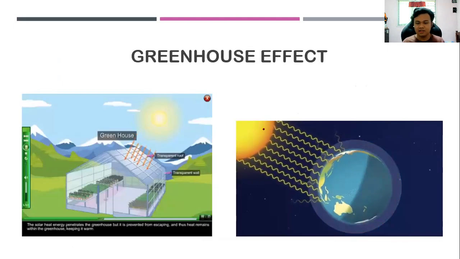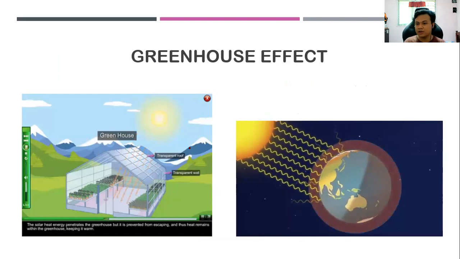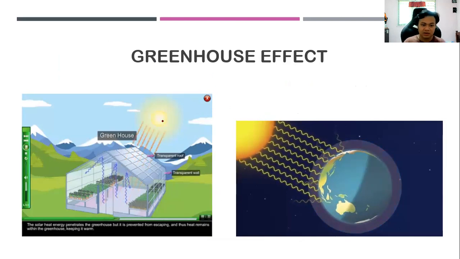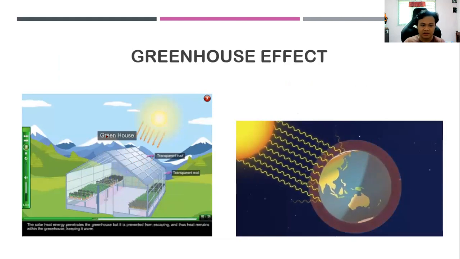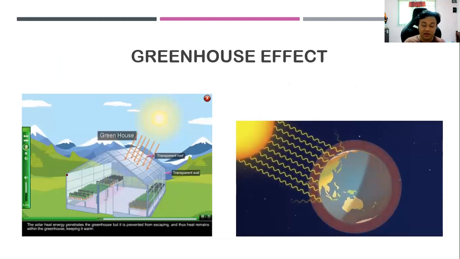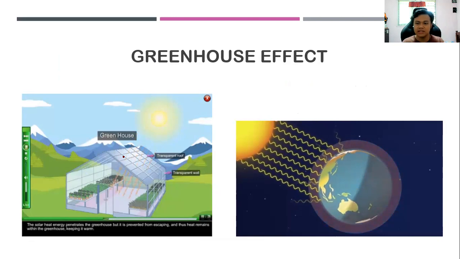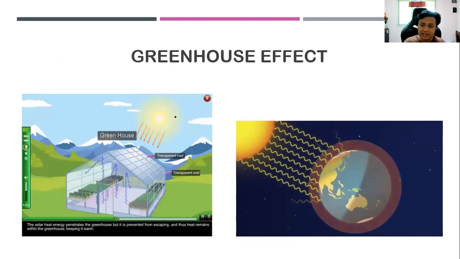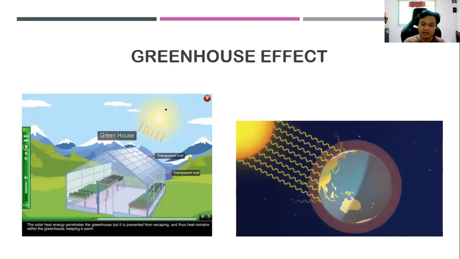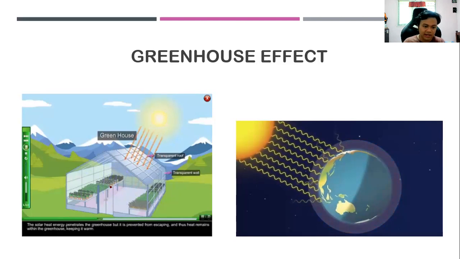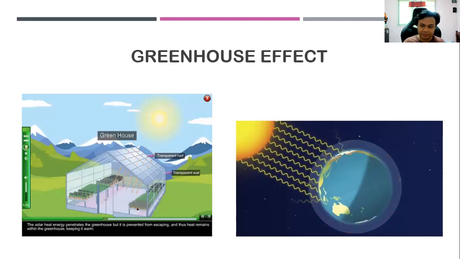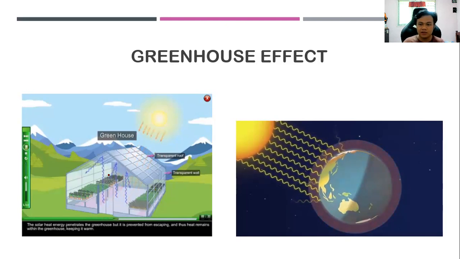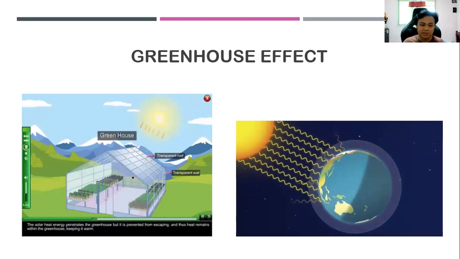Next, greenhouse effect. Actually, this is my favorite to discuss with you. Why is it called greenhouse effect? Let's look at a greenhouse, literally a greenhouse here. As the sun's energy, the sunlight, goes through the plants, they carry out processes.